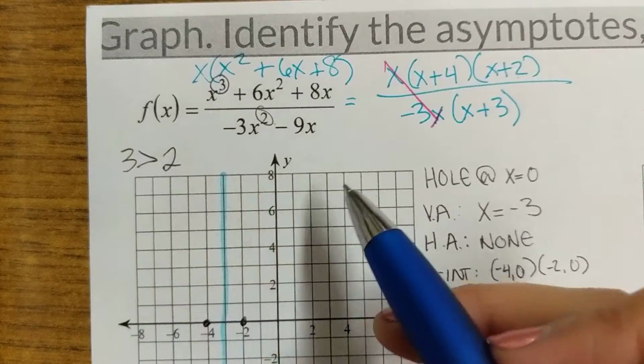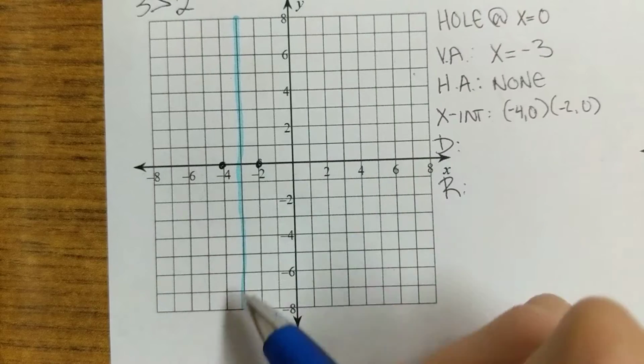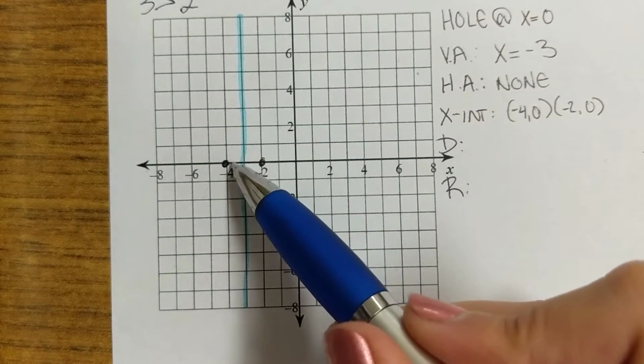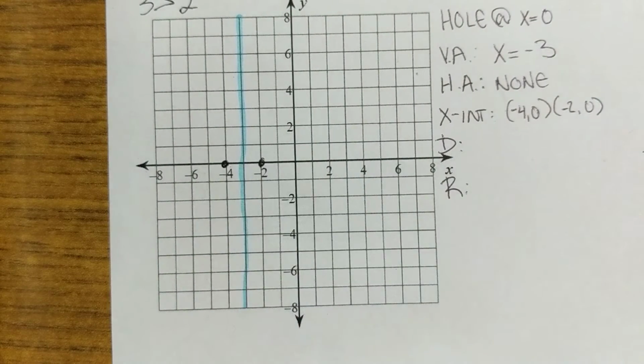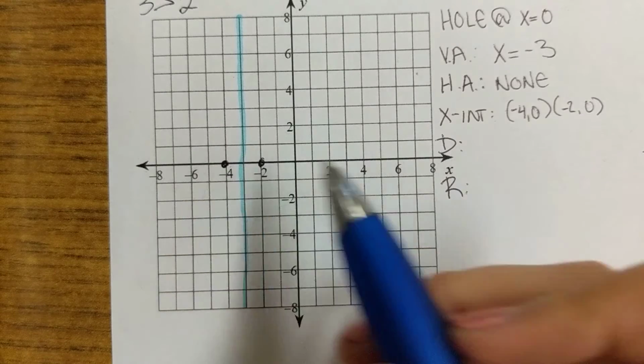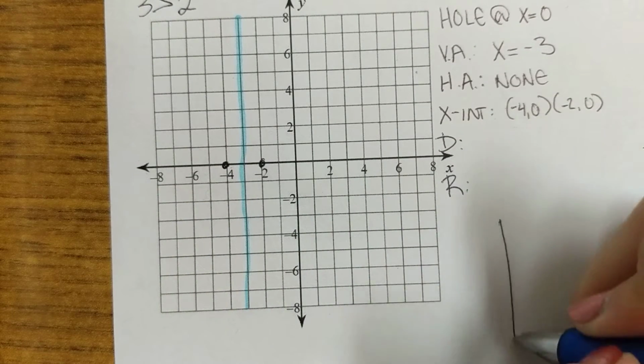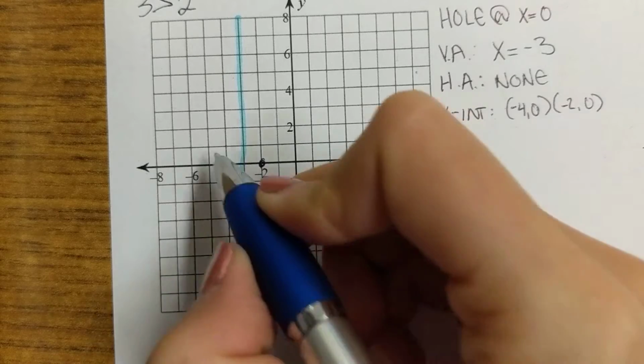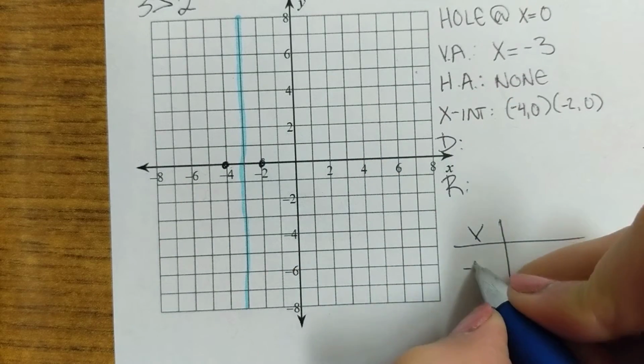So I want to graph 2 points to the left and the right of the vertical asymptote. We already have 1 point to the left and the right, so we also need to plug in negative 5 and negative 1.